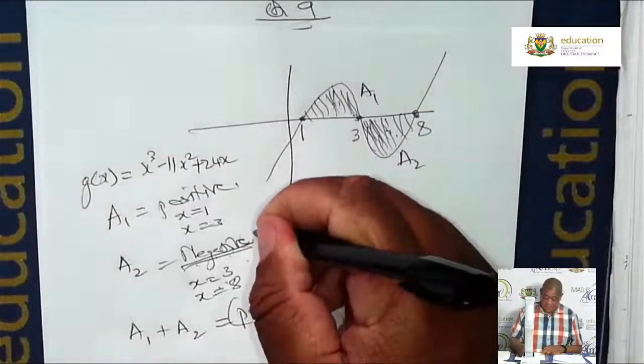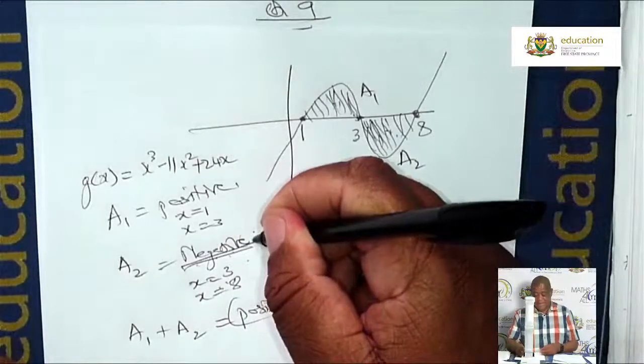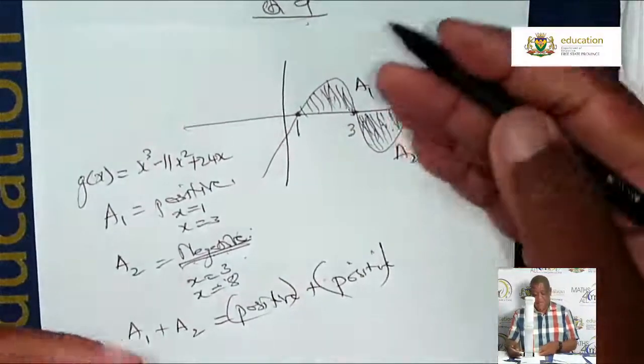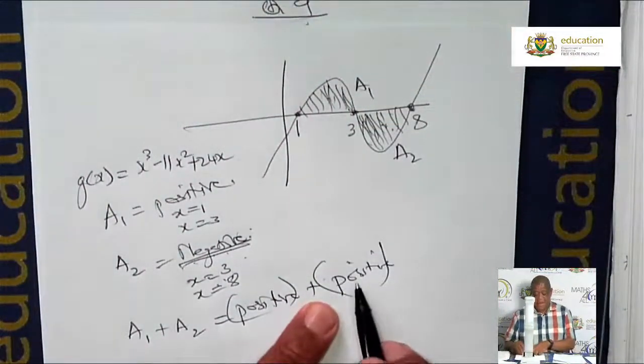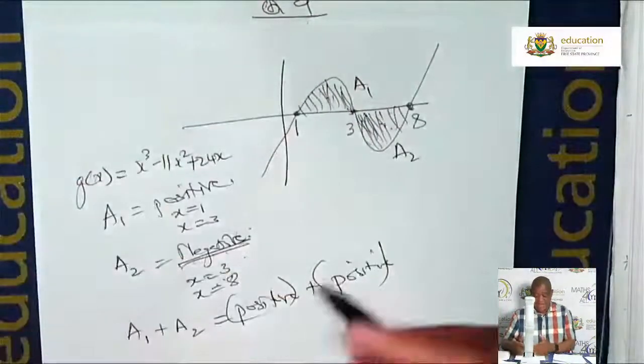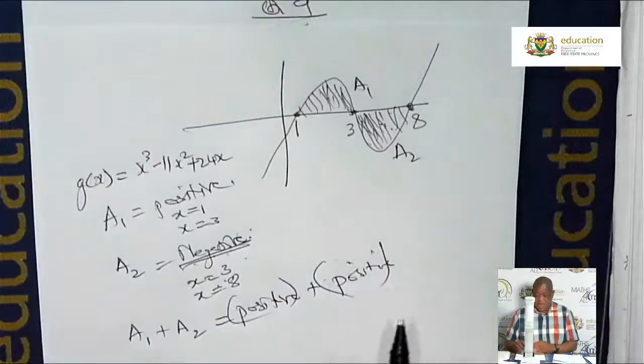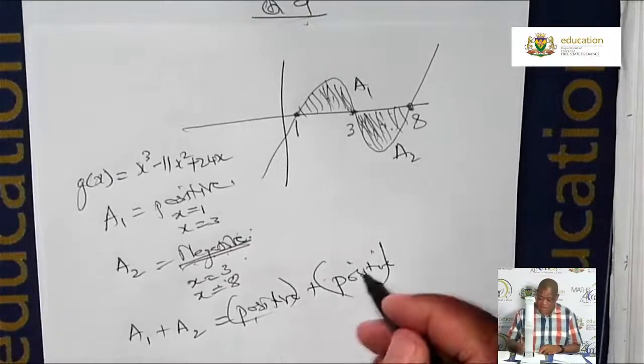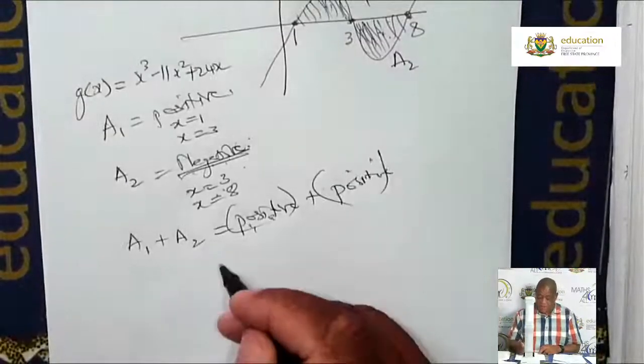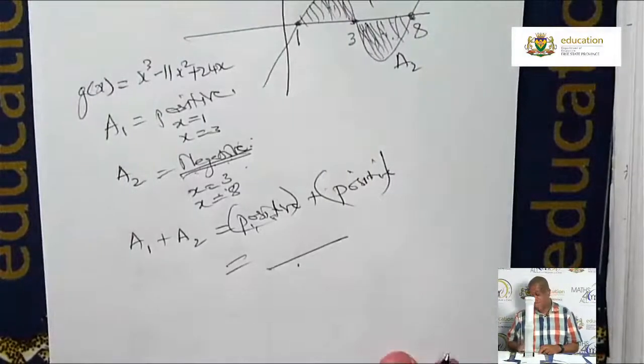That negative was only telling us that this area is below. We cannot add it being negative. But if we want the final area bounded by the curve, the marked area there, we add the two areas being positive, and that will then give us the solution.